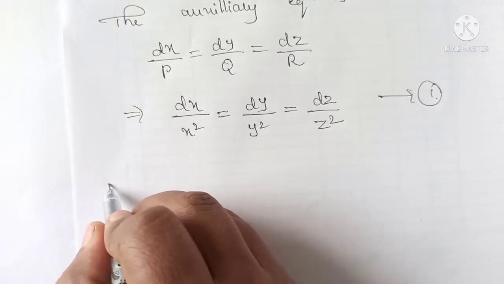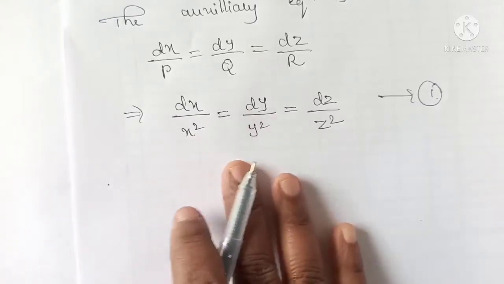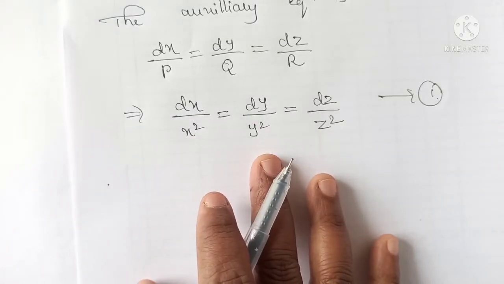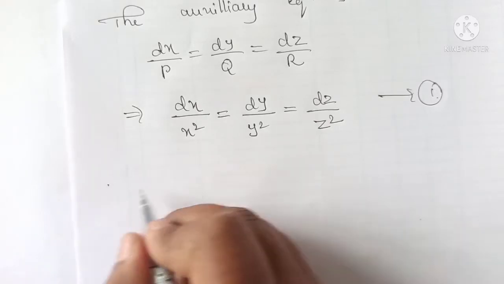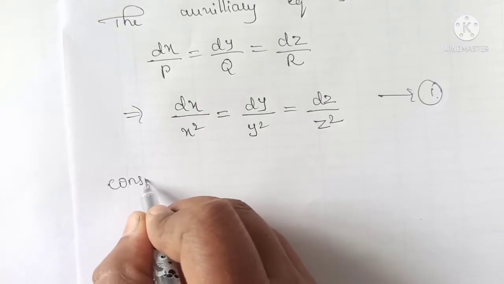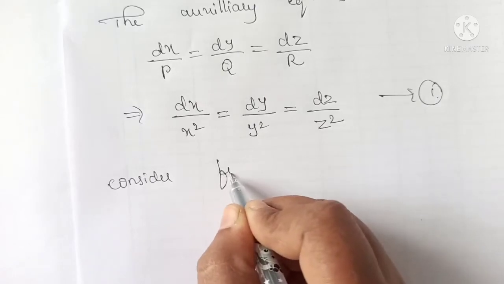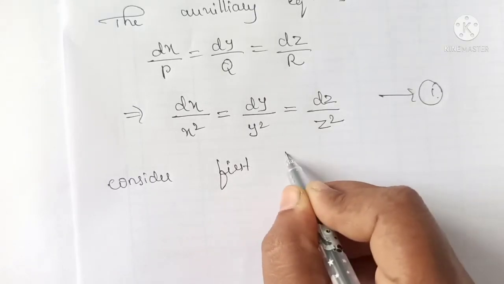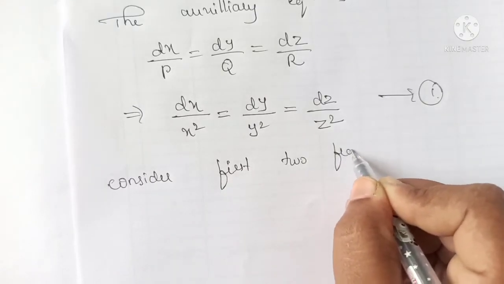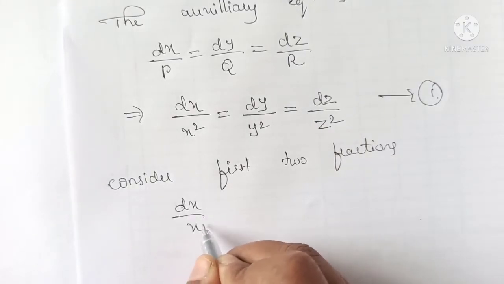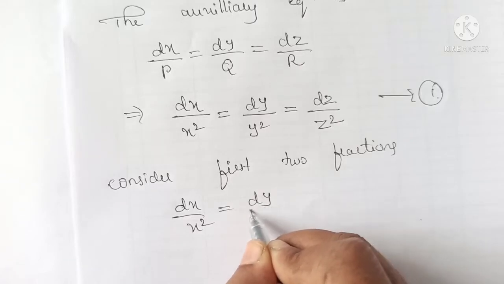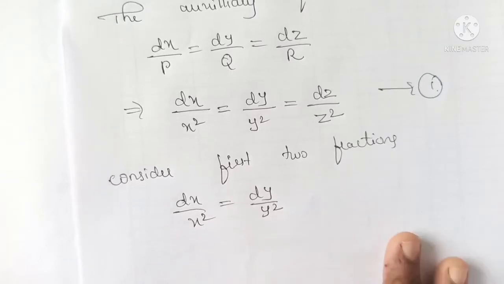Now, to solve this, without choosing multipliers, we can use the method of grouping. First we consider the first two fractions, so that we get dx divided by x square equals dy divided by y square.